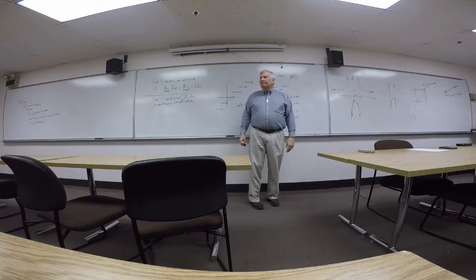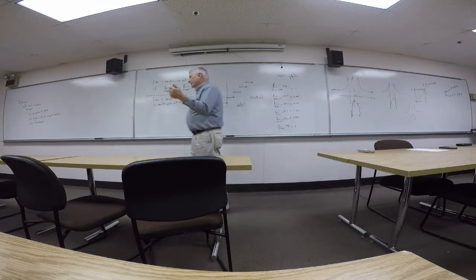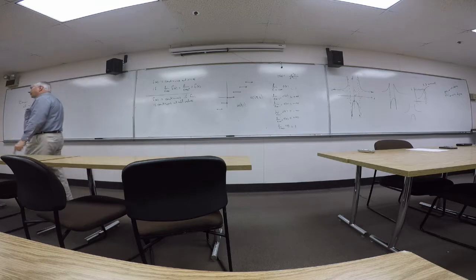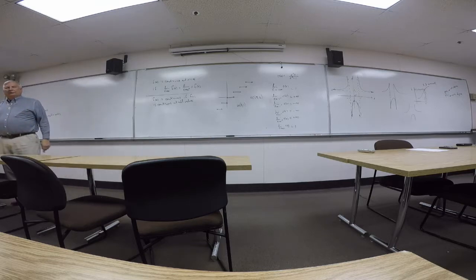Not very interesting. On the other hand, if m, the degree of the denominator, is greater than n, the degree of the numerator, it still has a horizontal asymptote, but that horizontal asymptote will be at 0. Okay.